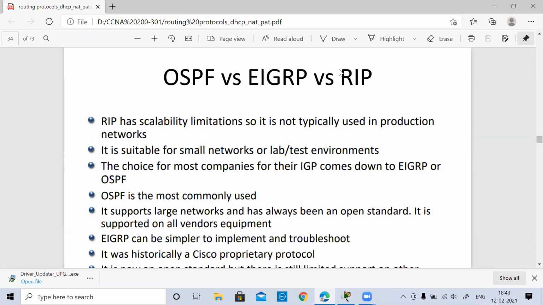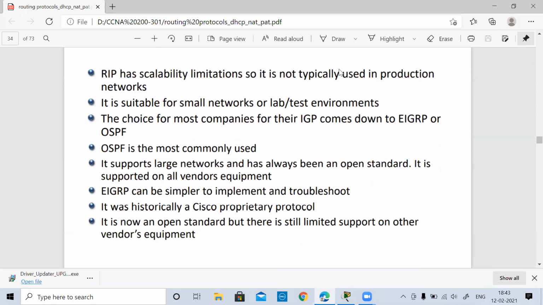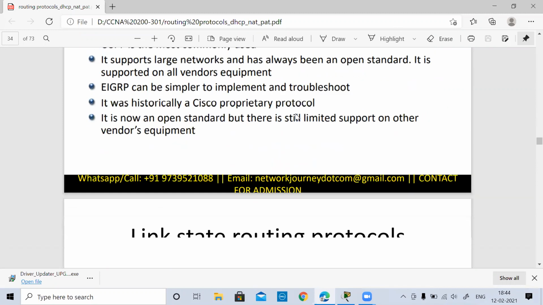The choice now goes to EIGRP and OSPF. EIGRP was initially, as I mentioned, a Cisco proprietary protocol and then it was made open standard. However, it doesn't support all the features. So what stands apart is OSPF, because it's an open standard one.